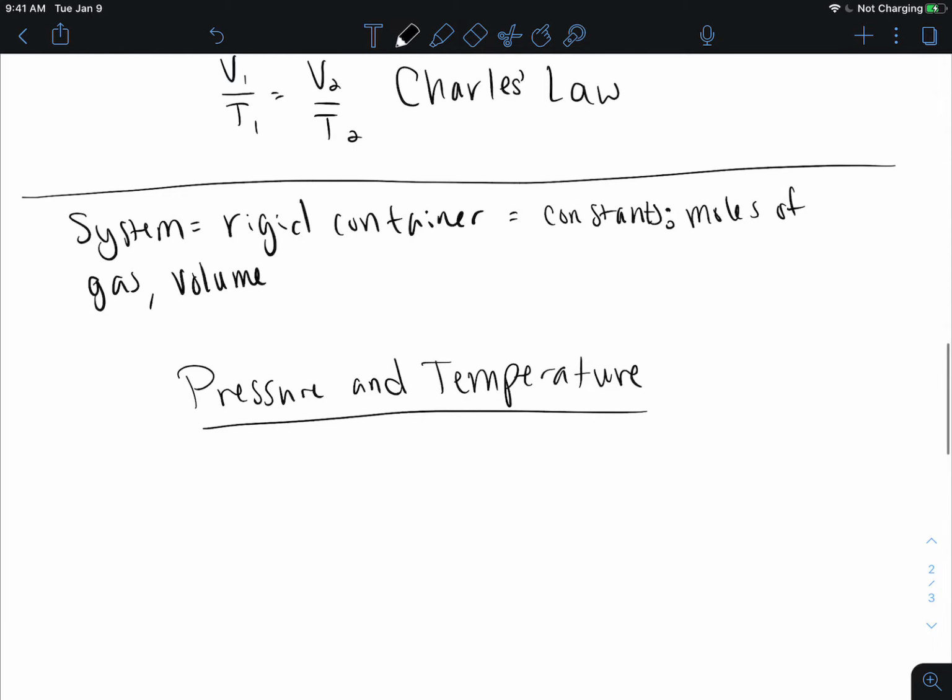So let's think about what happens as we increase the temperature of a gas. Generally, if you increase the temperature of the gas, you're going to expand. But we do not have the ability to expand because we're in a rigid container. Therefore, all we're going to do is increase the number of collisions the gas particles have with the walls of their container. So we increase temp. This is going to increase collisions of gas particles with the walls of their container.